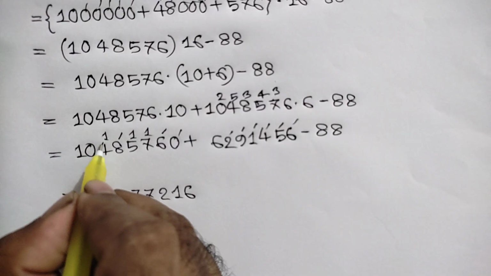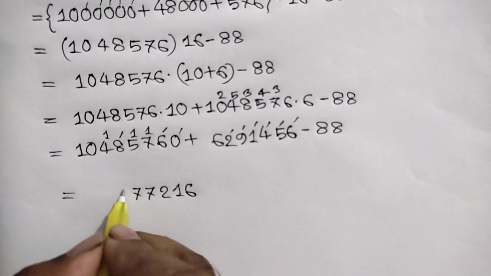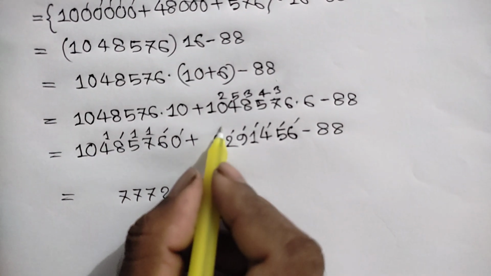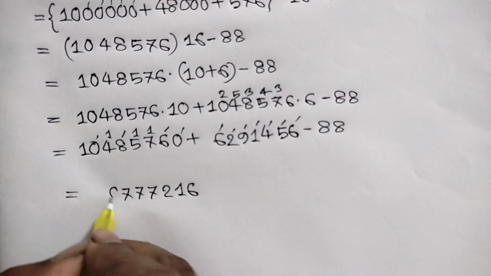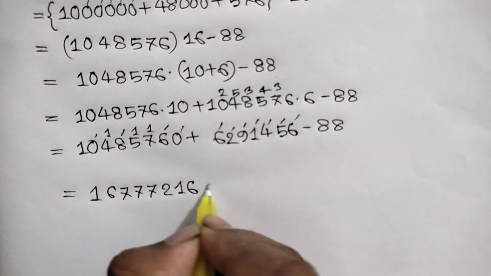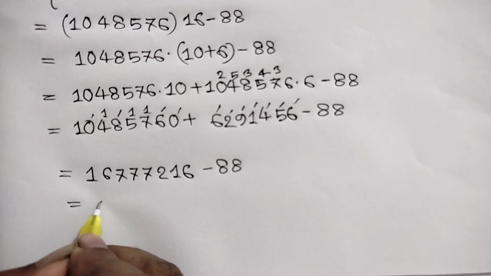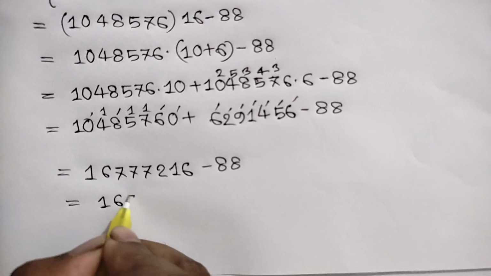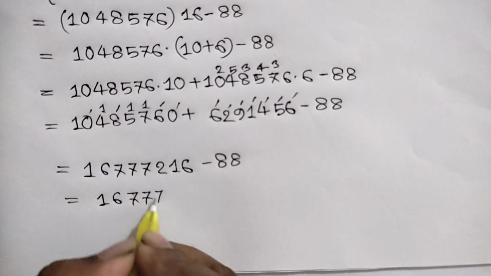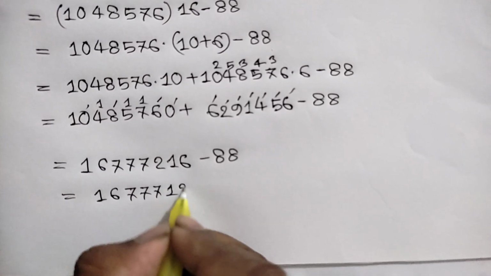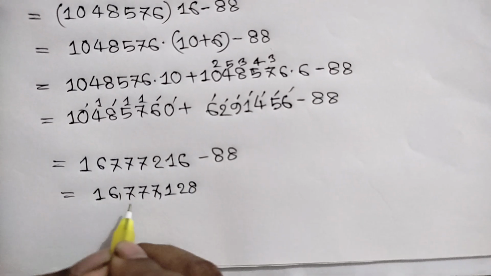Now 2 plus 4 is 6, 6 plus 1 is 7, now 6 plus 0 is 6, and this 1, minus 88. Finally here we will get 16777128, and it is our final answer.